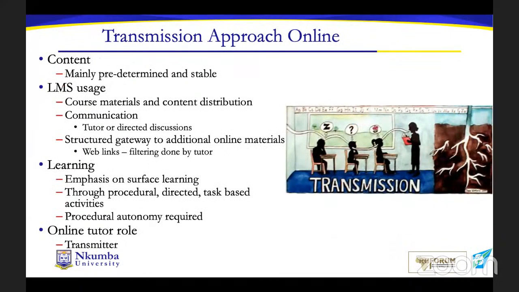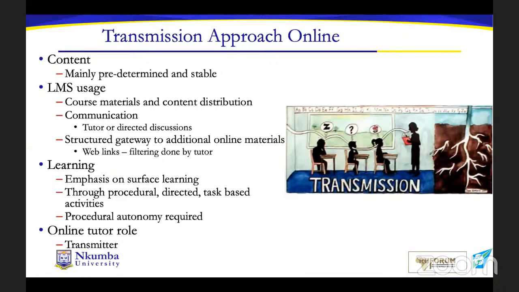Looking at the specific delivery approaches that we've already seen, transmission: when one decides to transmit, as you may see in the picture here, the teacher transmits and it goes through until it reaches wherever it's supposed to go.